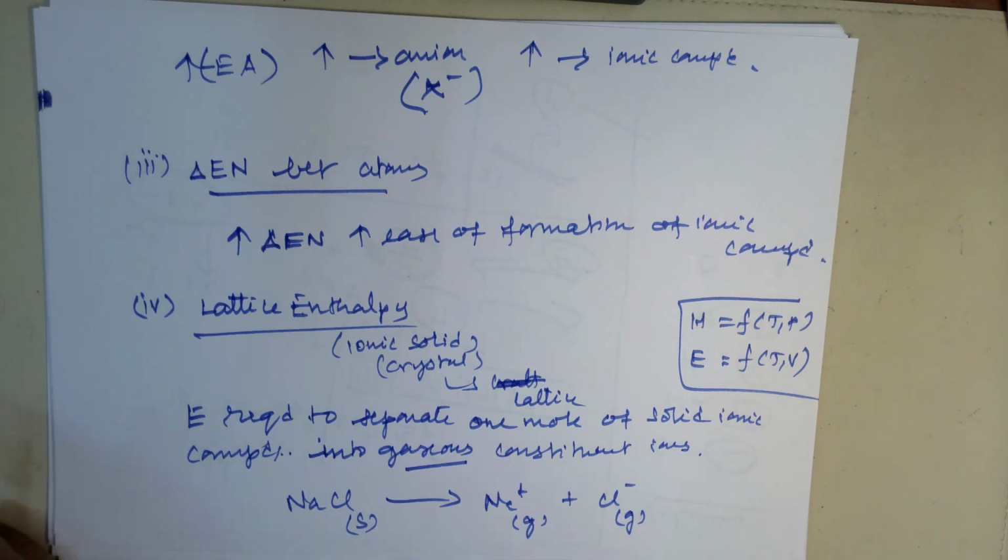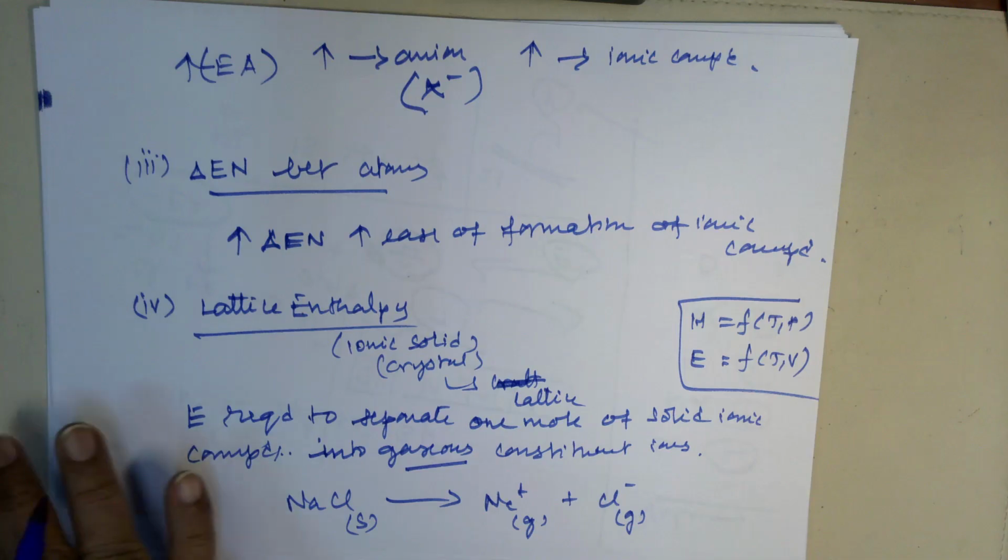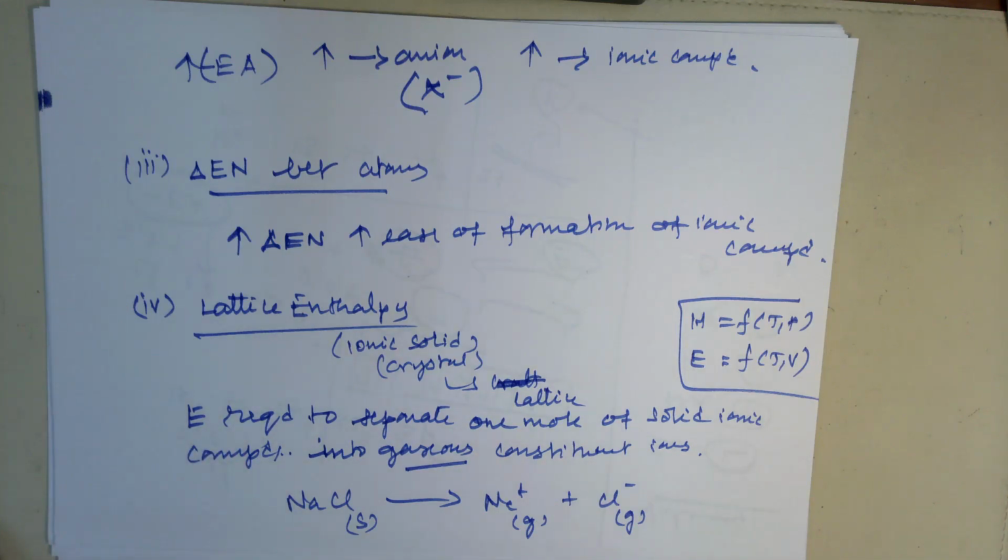Don't mistake that by taking sodium chloride salt and dissolving it in water, you will be able to get a sodium ion and a chloride ion. That is ruled out. You will be having only ionic doublets, that is, NaCl, NaCl pairs, which can be further split only by additional energy.